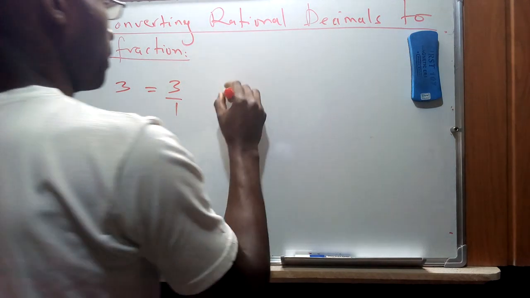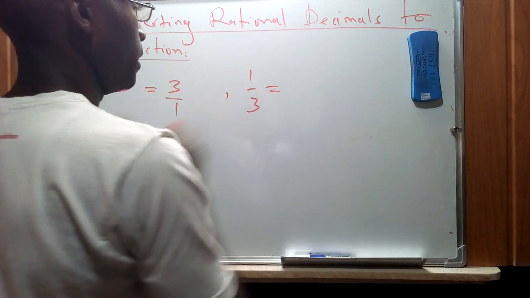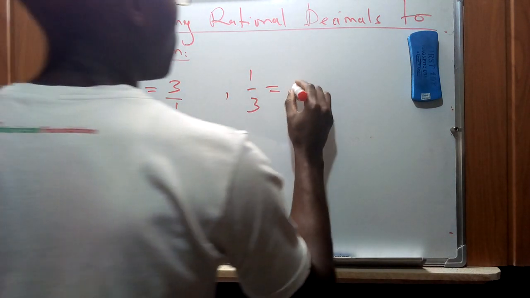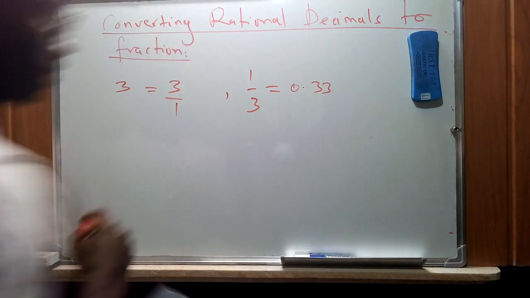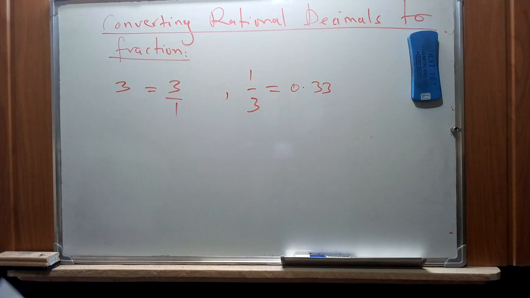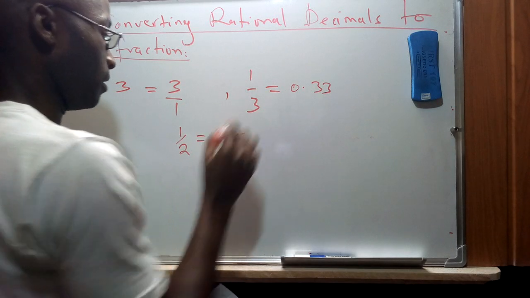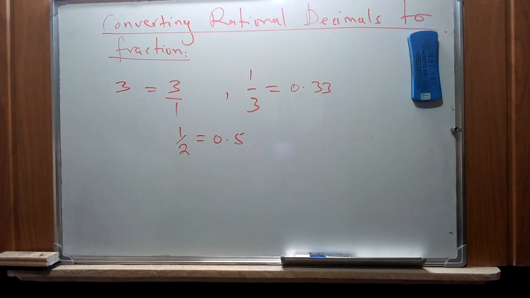Suppose it is 1 over 3, then this can be written as 0.33 and so on. Another common one is 1 over 2, which can be written as 0.5. So these can be regarded as rational decimals, or fractions which have been converted to rational decimals.